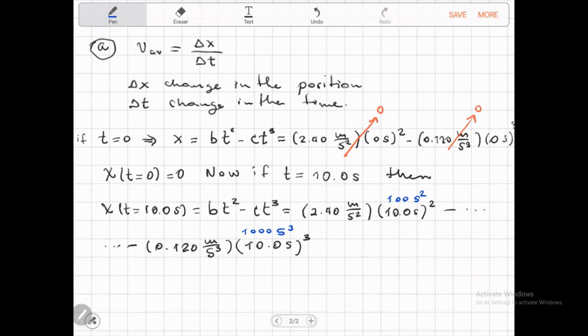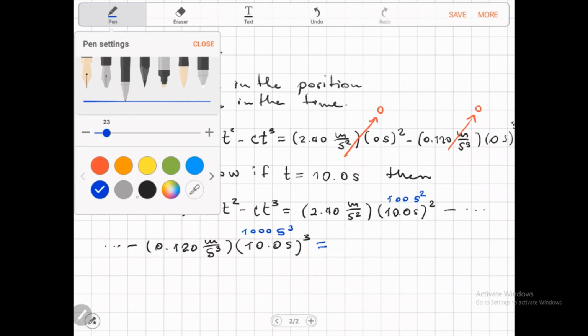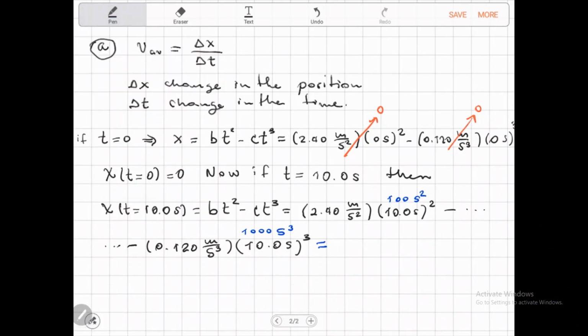Here it doesn't matter, the numbers are just math. We have to multiply, in this first part of the formula, 2.40 multiplying 100, right? So that is gonna be 240 meters.